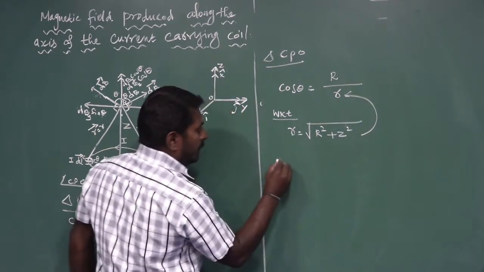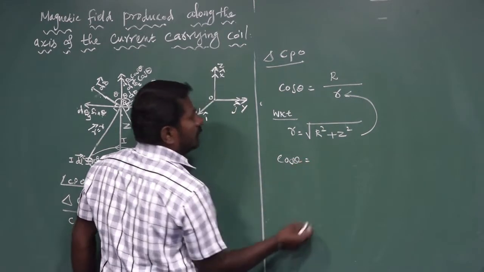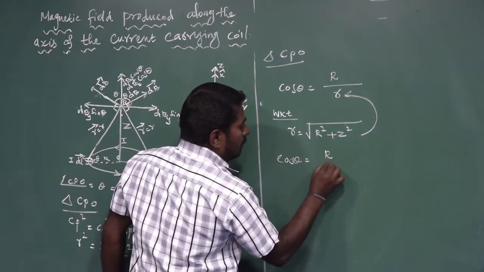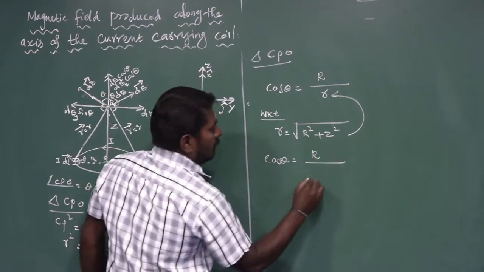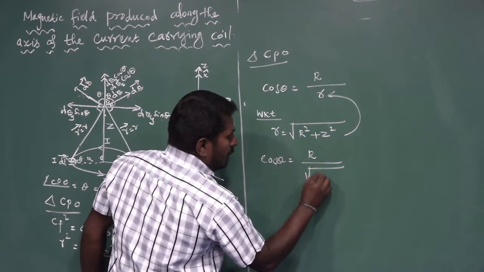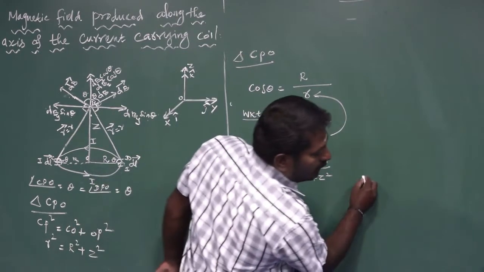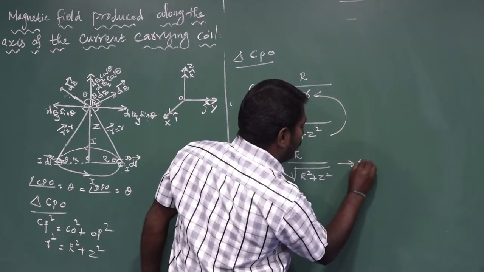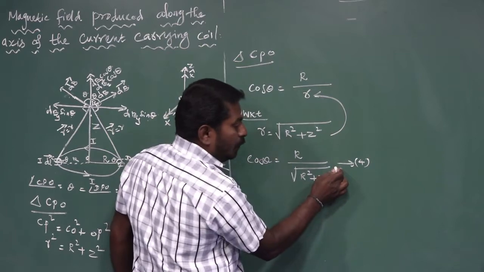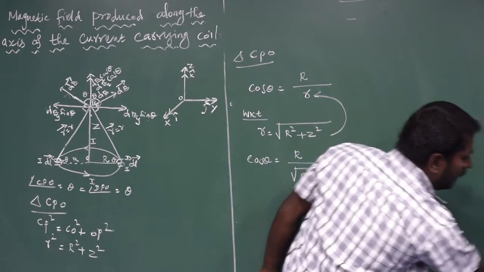Substituting, cos theta is equal to R divided by the square root of R square plus Z square. Equation number 4.